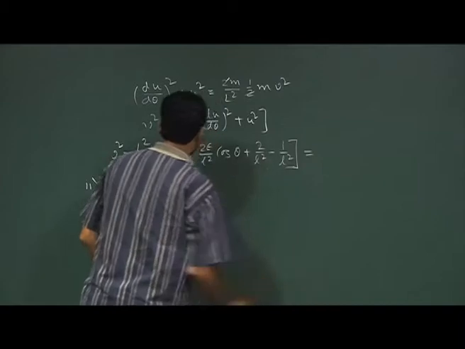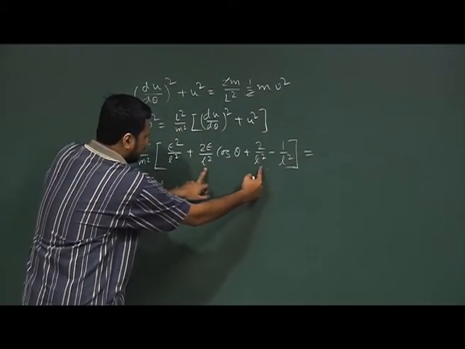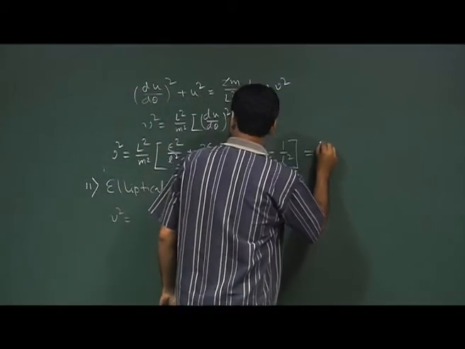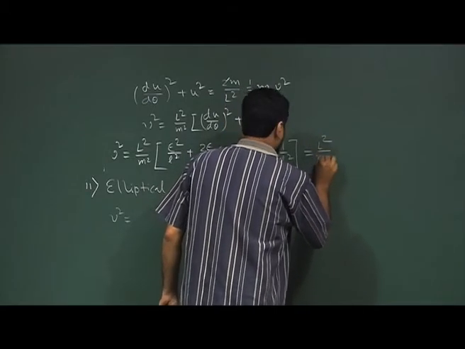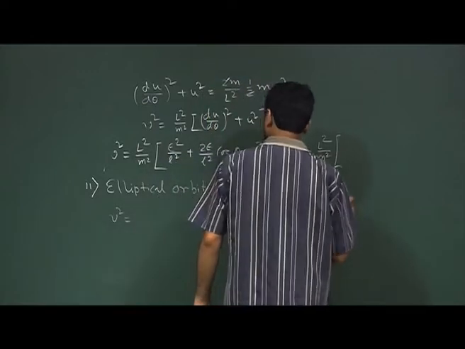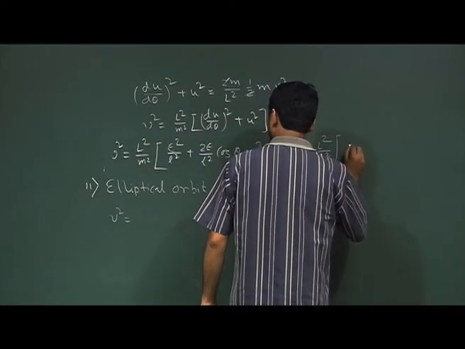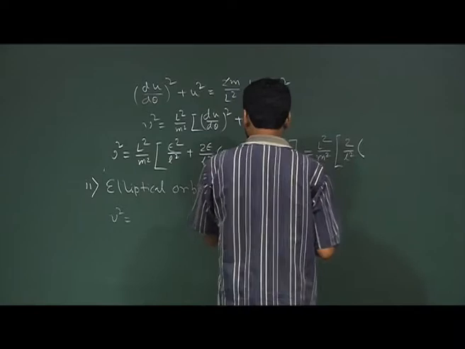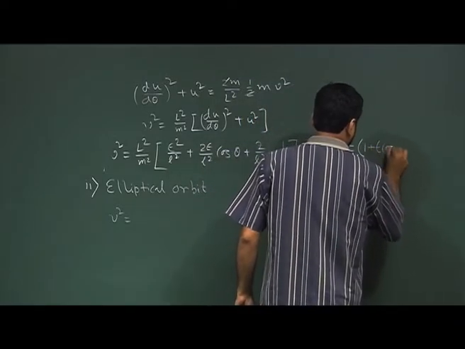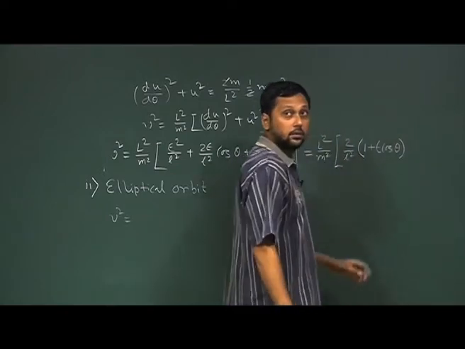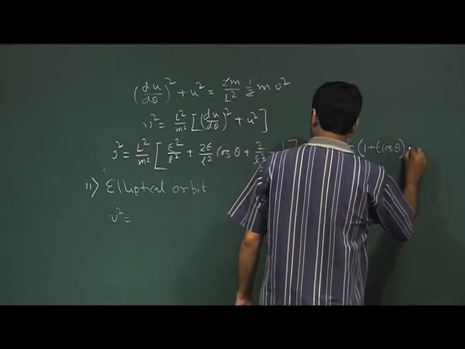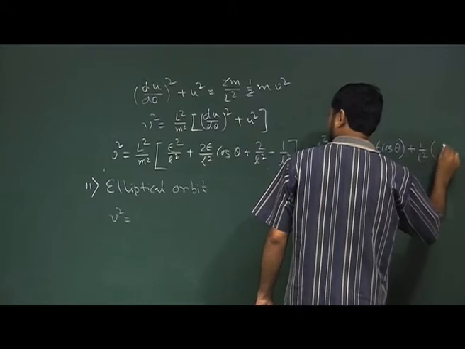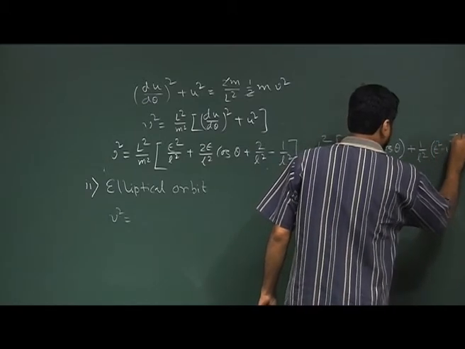Now if you take these two terms separately and the other two terms in another group, from the first group you get 2 by L square into 1 plus epsilon cos theta, and from the second group it is plus 1 by L square into epsilon square minus 1.